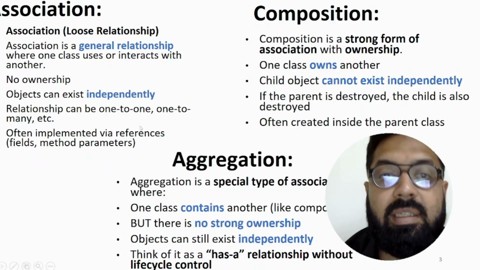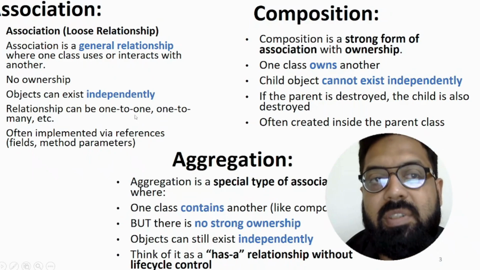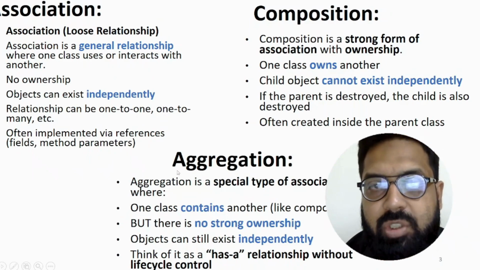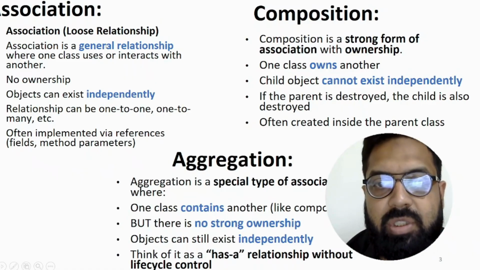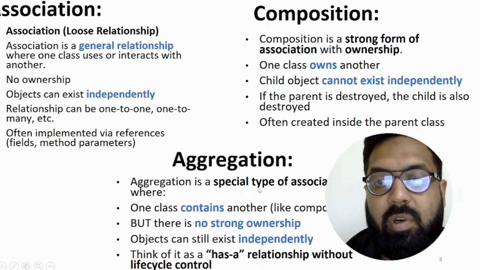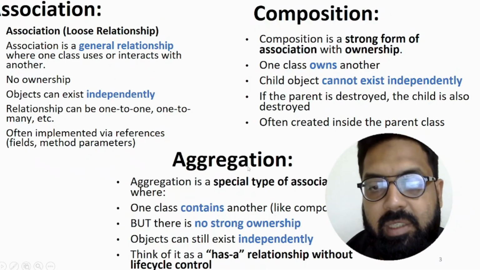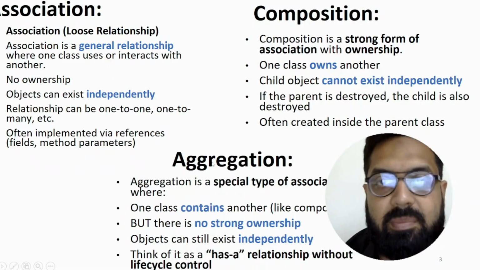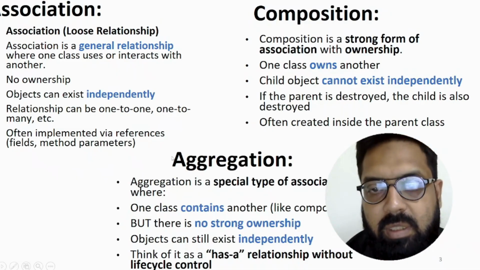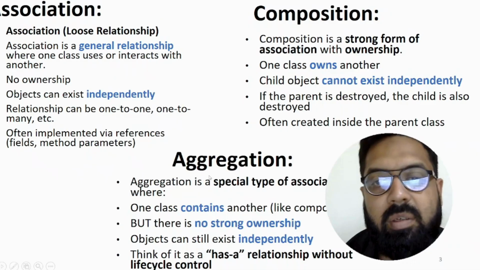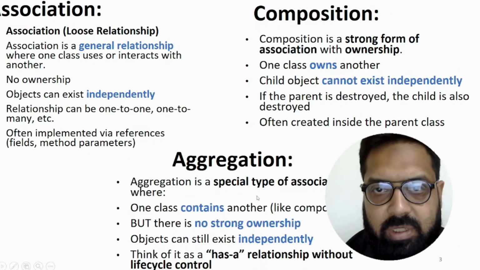But again, there is no syntax difference between association and aggregation. Association is a general relation, and this general relation further performs some special type of association, that is aggregation. There is no syntax difference, but there is a logical difference. One uses a use-of relationship and one uses a grouping or belongs-to type of relationship.